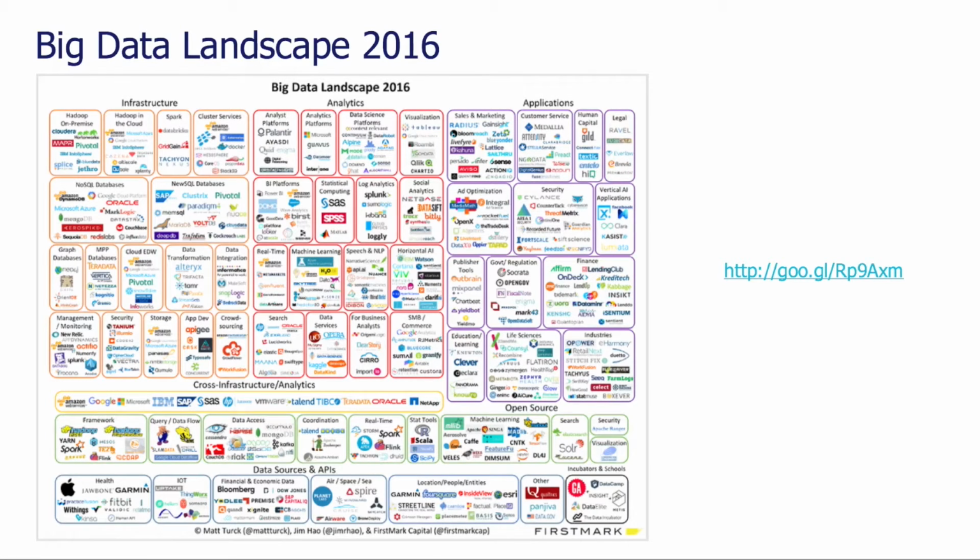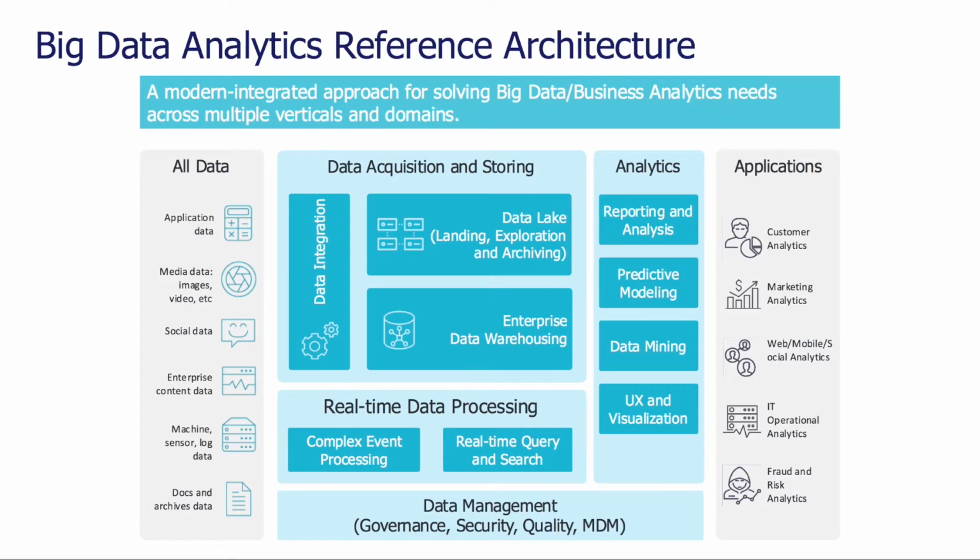So if we take a look at the big data landscape, the number of products which exist on the market is more than 300 at the moment, and it's really tough to make the right decision about which tool to pick in this or that case. The other thing which helps to make this decision is the set of reference architectures.